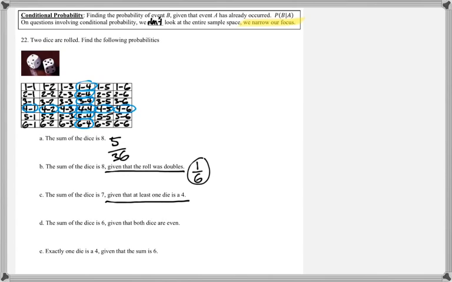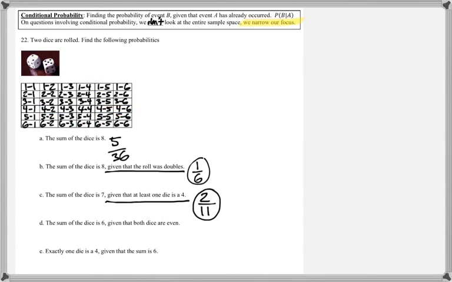So again, I'm no longer looking at all 36, I'm just looking at these 11. That is my new denominator. Now, of these 11, how many have a sum of 7? That would be these two. So my final answer is 2 out of 11.